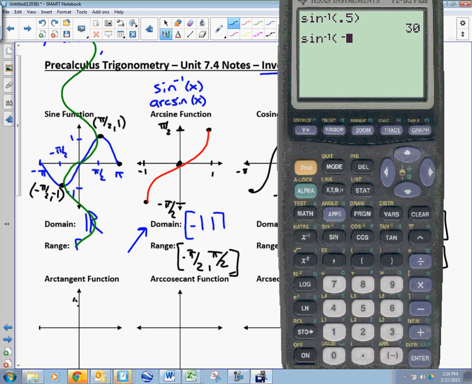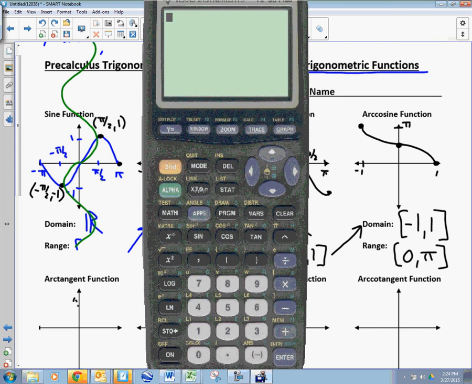Let's try something else. Sine inverse of -0.5. Is -0.5 in our domain? So the output should be between -90 and +90. And it is. What is something outside the domain of sine? Yeah, sine inverse of -2, and we obviously get an error here, okay? So, look at the difference, though, with cosine.